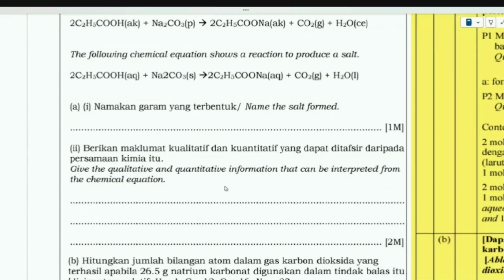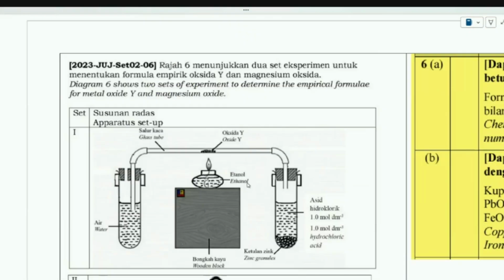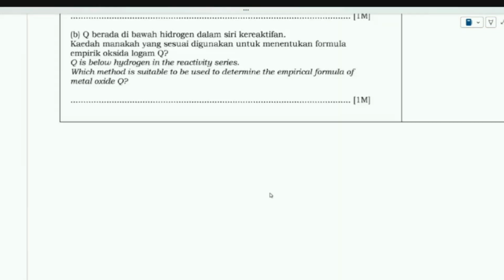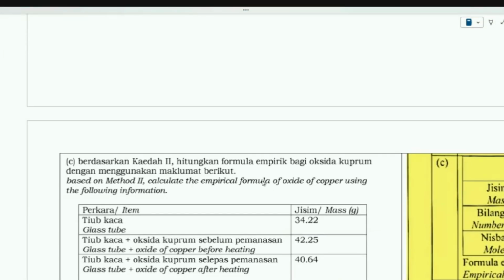Empirical, the qualitative also discussed already. Actually instead of copper, hydrogen can, but finally it will ask you to give 1 example, then you have to know it is copper.